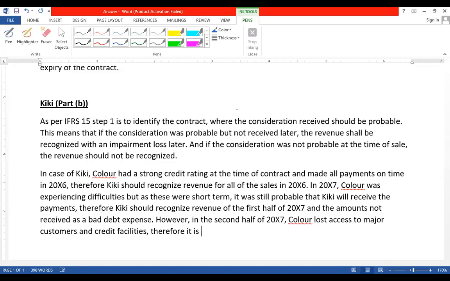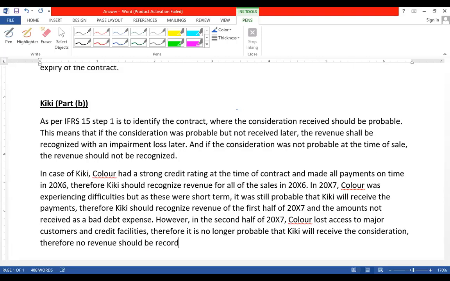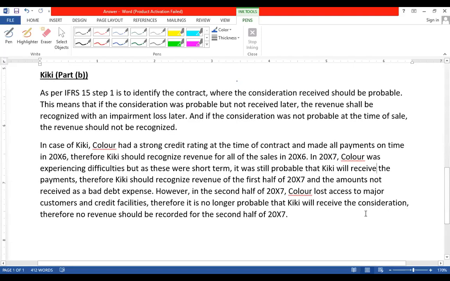Therefore, it is no longer probable that Kiki will receive the consideration. Therefore, no revenue should be recorded for the second half of 20x7. So that is the answer of Kiki part B.